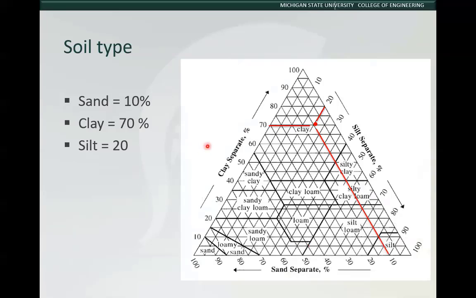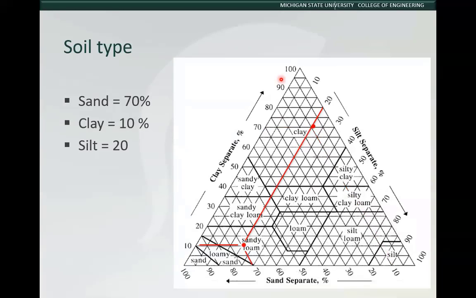We have 70% clay and 20% silt. And where those lines intersect is the soil type. So this is a clay soil.